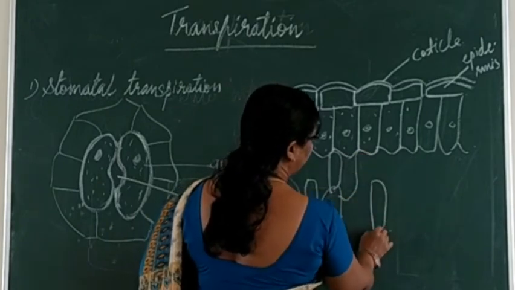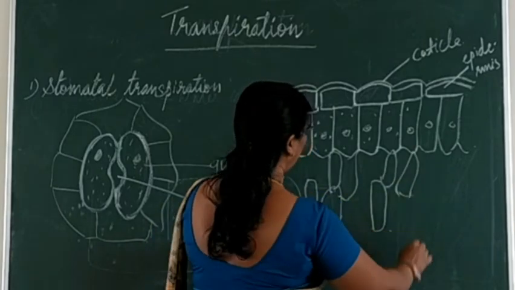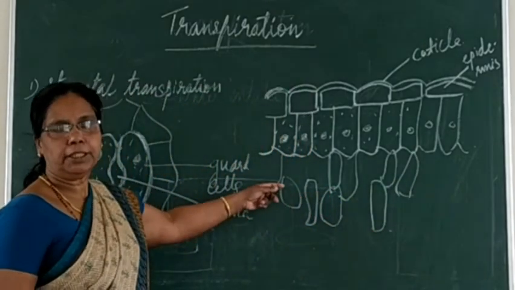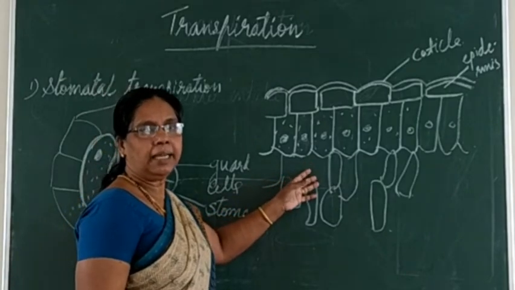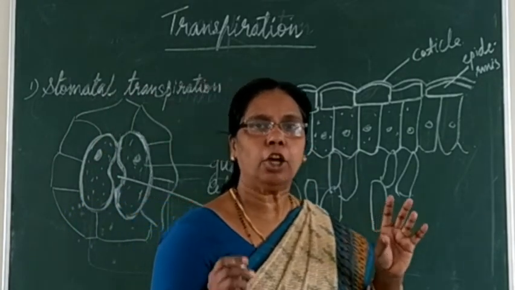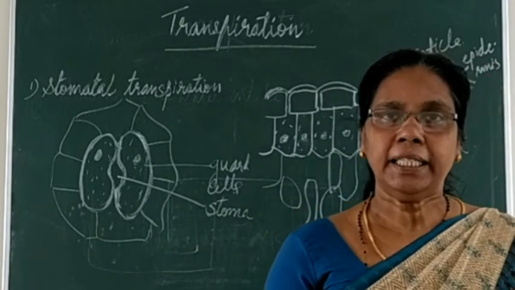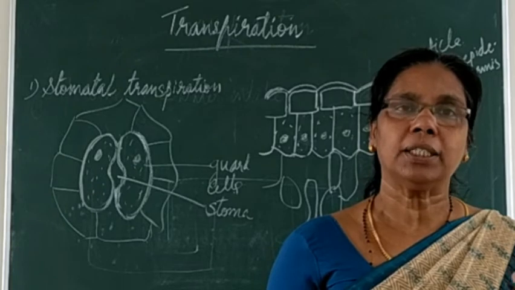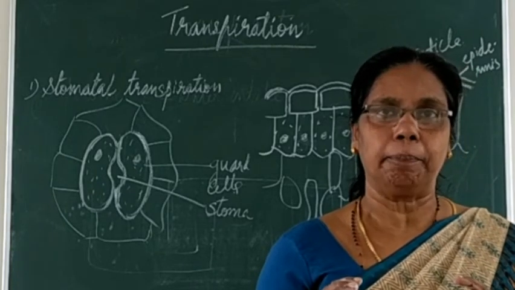Between the cells there will be some spaces. So the second tissue is called spongy mesophyll, and what is its specialty? It is loosely arranged so that they have certain spaces between the cells.